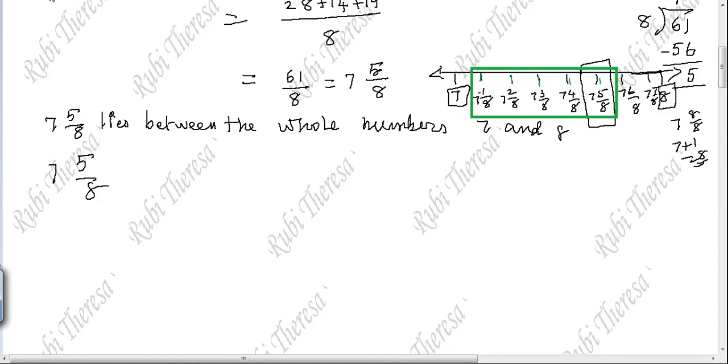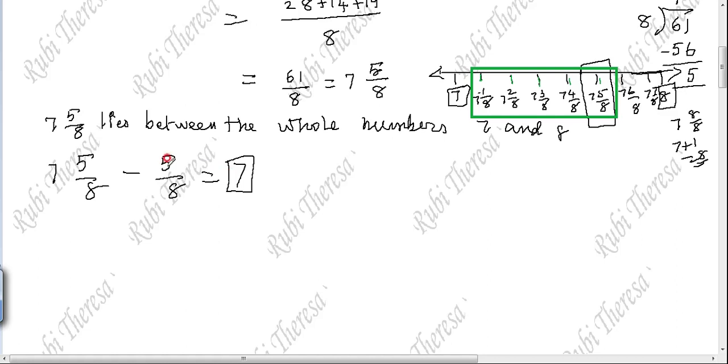From 7 5 by 8, if we subtract 5 by 8, 7 5 by 8 minus 5 by 8 will give 7.